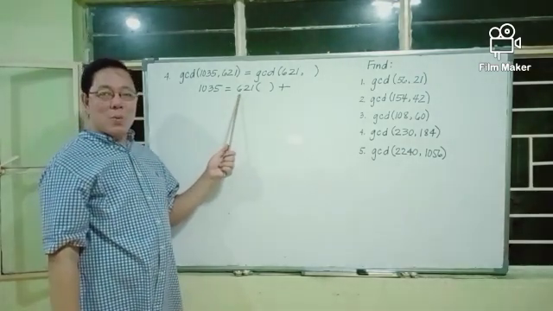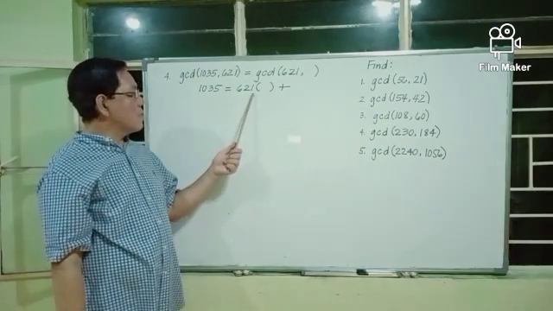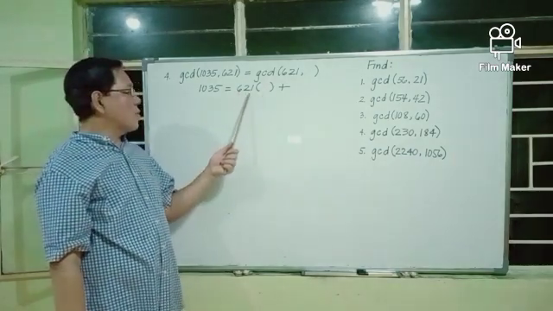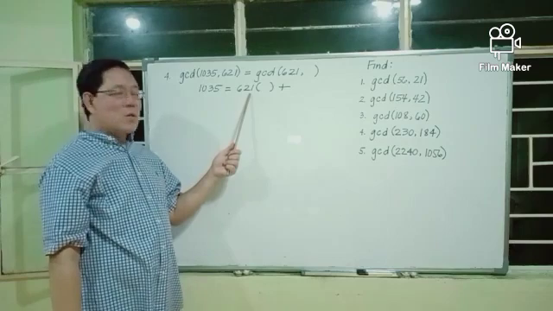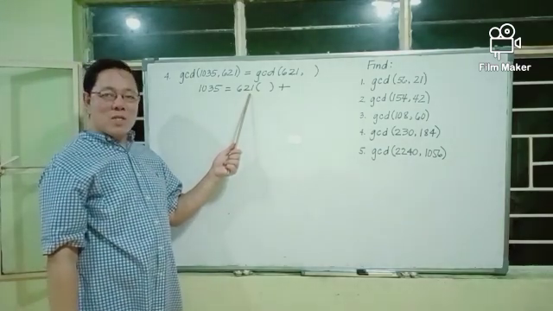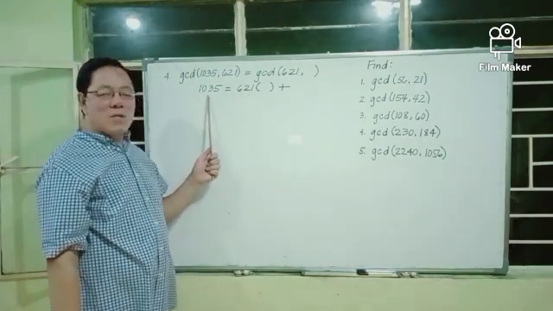Suppose we try 2, and the product of 2 and 621 would be 1242, which is greater than 1035.